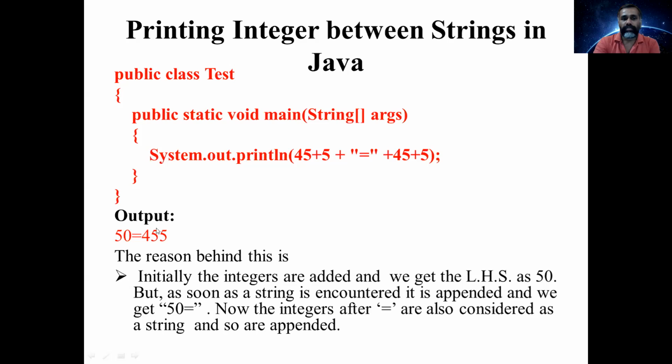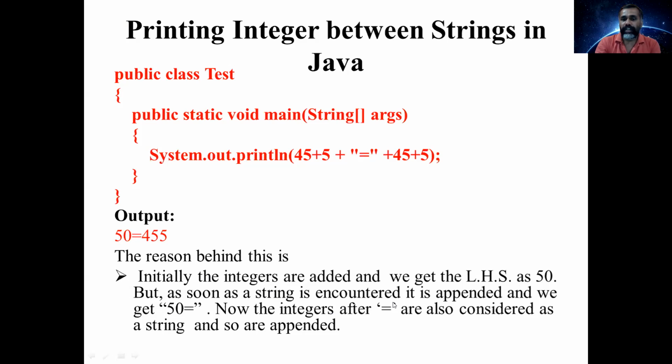Similar to this, the 45 plus 5 after it must also be added. But after reading a string, the next values will also be considered as a string. For example, see the reason here. Initially the integers are added and we get 50 on the left hand side. But as soon as a string in double quotes, equal to, is encountered, it is appended and we get "50 is equal to" printed.